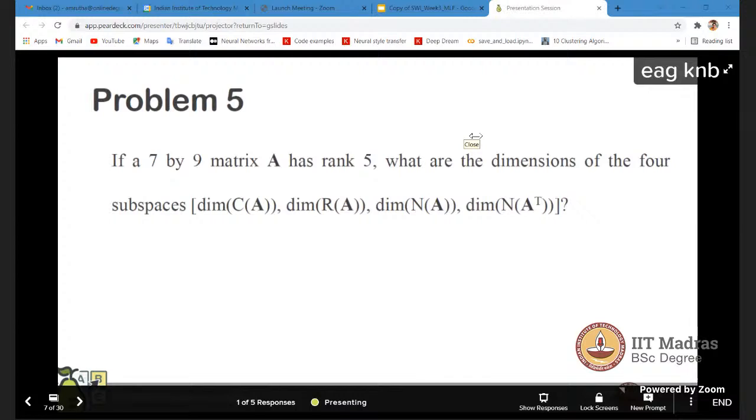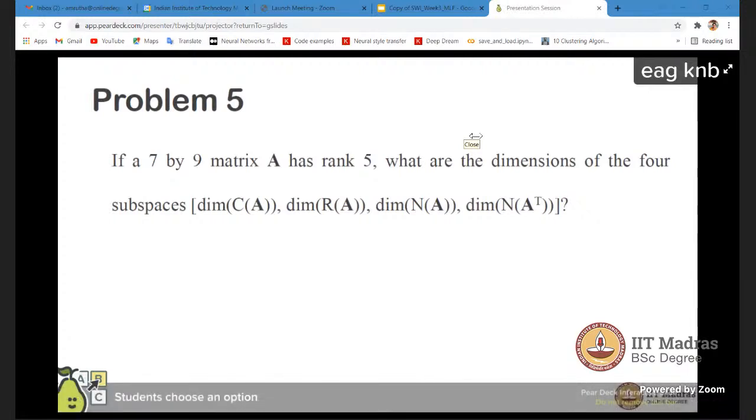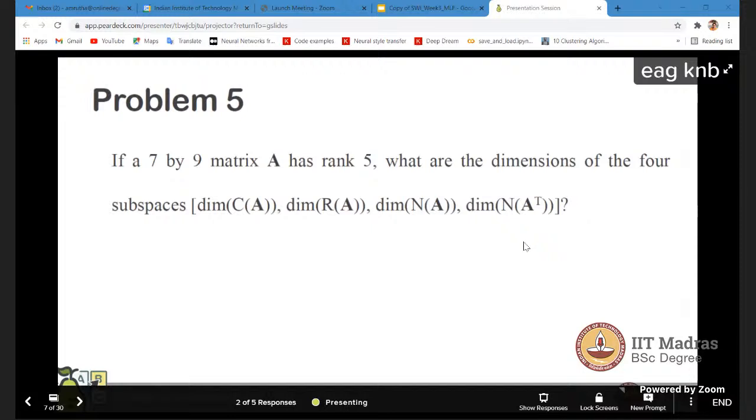Okay, I have one response. I'll give it 2 more minutes because this is simple and easy, no? You can directly answer. No need to solve it.